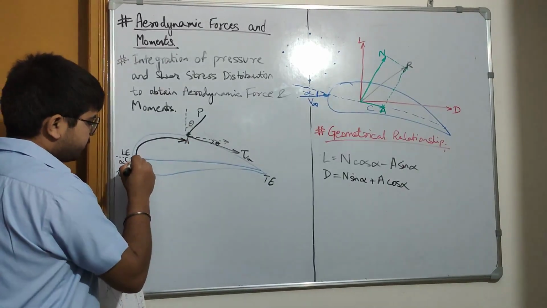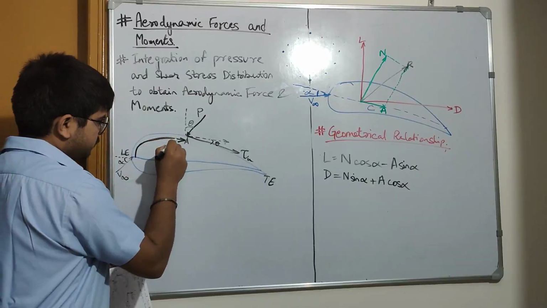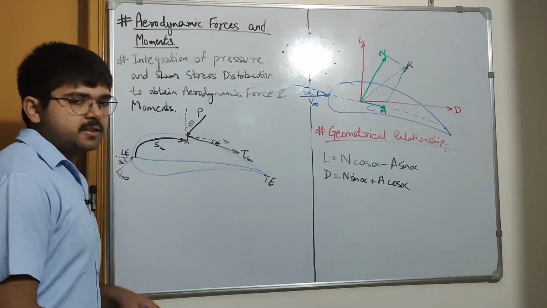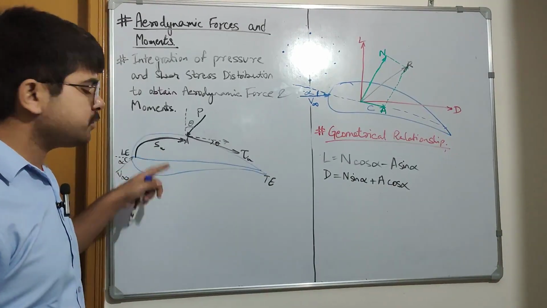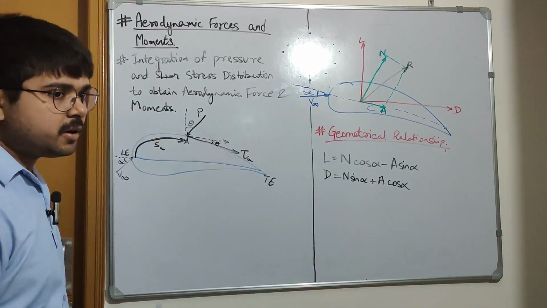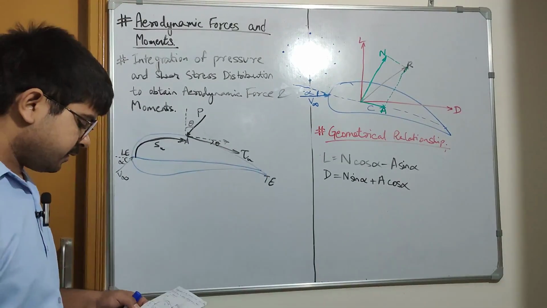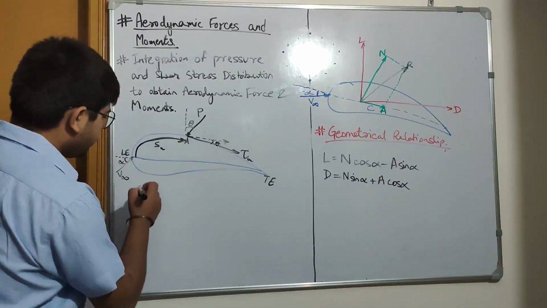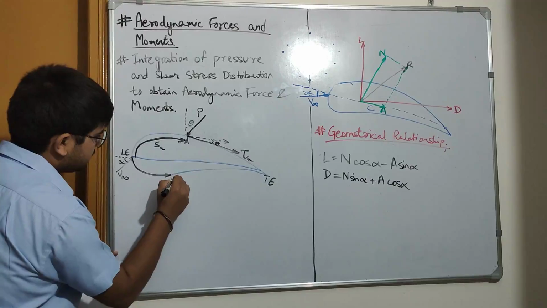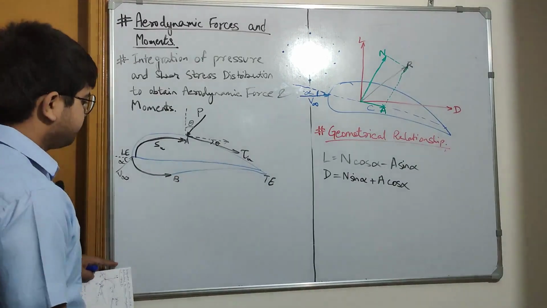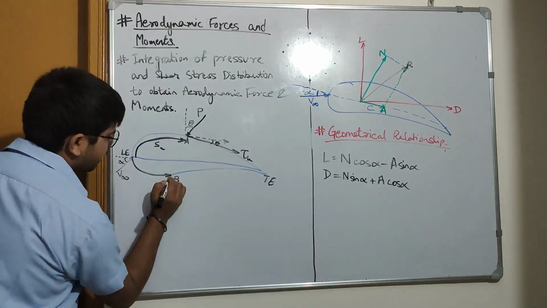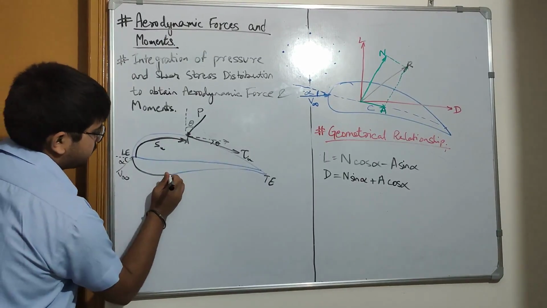The part from this to this is what we call S U. S is the distance, and U denotes the upper surface of the airfoil. Similarly, for point B in the lower surface, we will have two things.